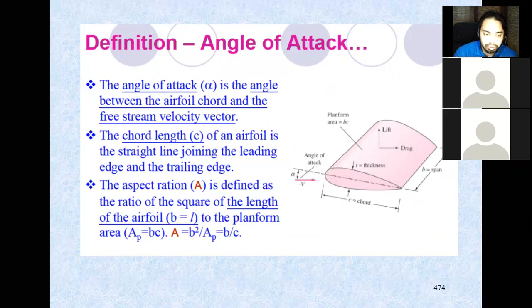We also have the chord length, which is the straight line joining the leading edge and the trailing edge, from the front to the back over here. And the aspect ratio is the ratio of the square of the span length of the airfoil, B squared over the chord area.